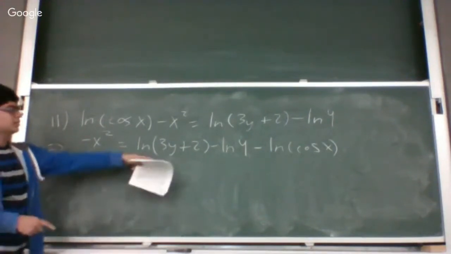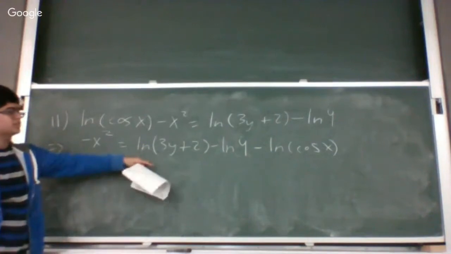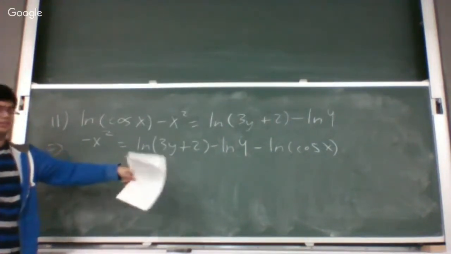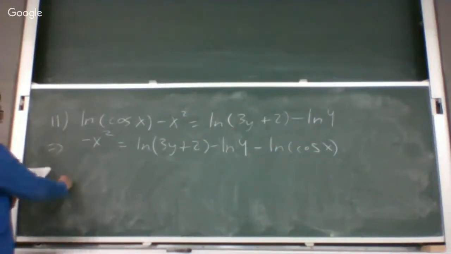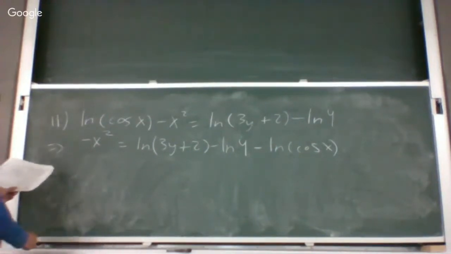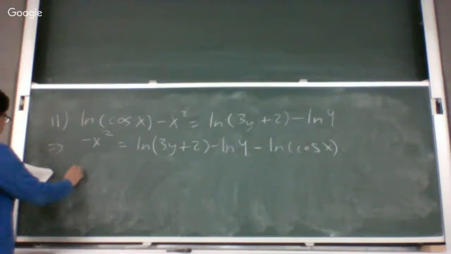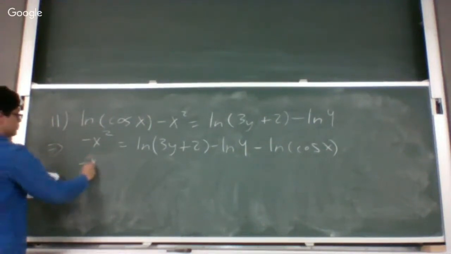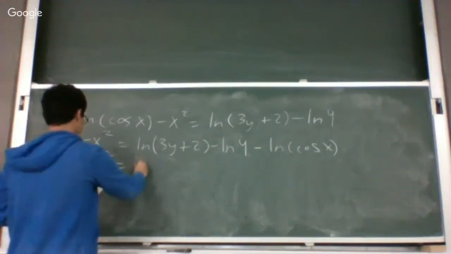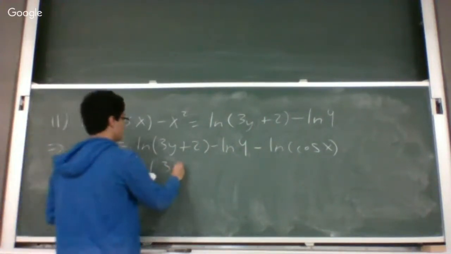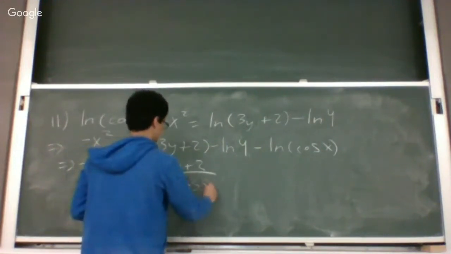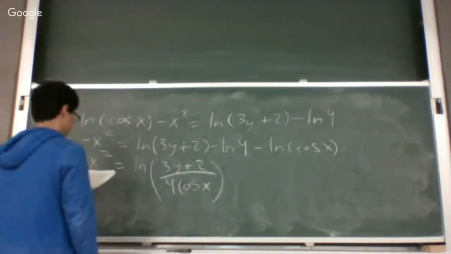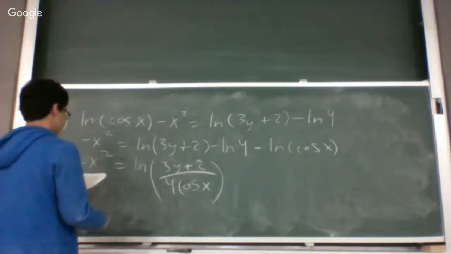Yeah, we have to combine them first, since these are all being subtracted. Or the easiest method would be to combine them. So we have the natural log of 3y plus 2 divided by 4 times cosine of x. Now we do e.